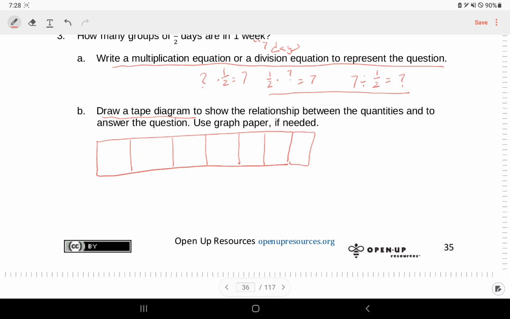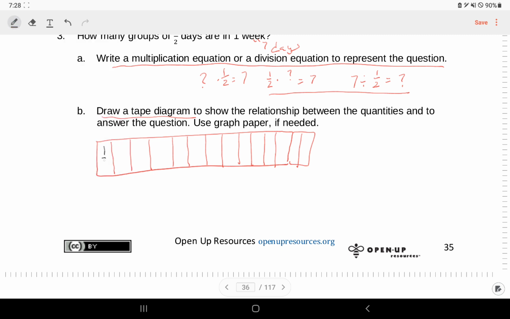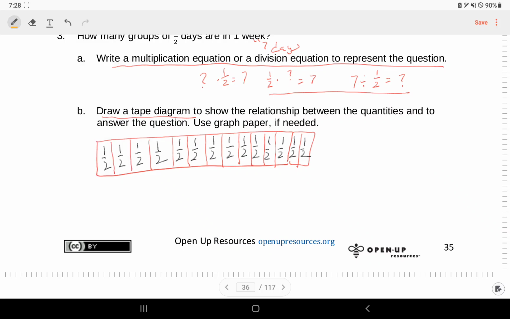Well, I need groups of half, so I'm going to split these in half. 1, 2, 3, 4, 5, 6, 7, 8, 9, 10, 11, 12, 13, and 14. And so now here's where the coloring begins.